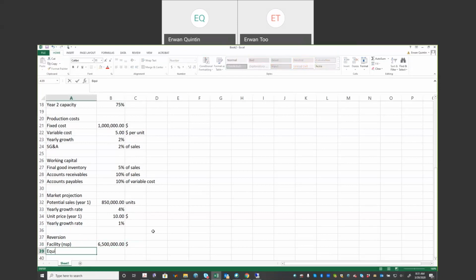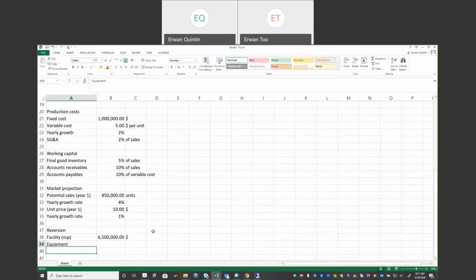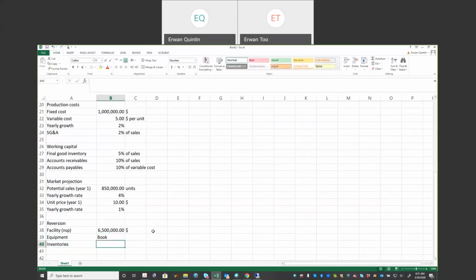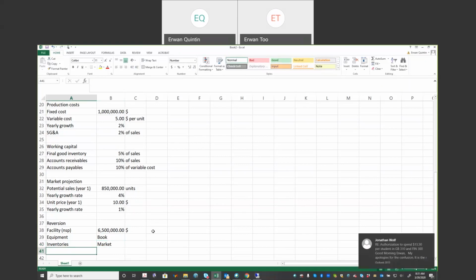Next, I'm going to sell my equipment, my machine, and here the assumption is that that's going to go at book or recorded historical values. My inventory is also something that is valuable for people that will purchase my establishment here. That's going to sell for market. That's certainly the assumption that makes the most sense, since these are finished products. We should be able to sell them at market.